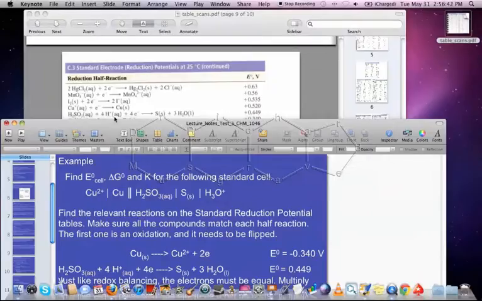These are all aqueous solutions. If it's H+ in water, it's H3O+. So if you see H3O+, don't worry about it, just think of it as being H+ and you'll be okay. So I just copy this reaction down exactly as it is. Now this is a reduction, and since these are reductions, I don't change this reaction at all at this point.